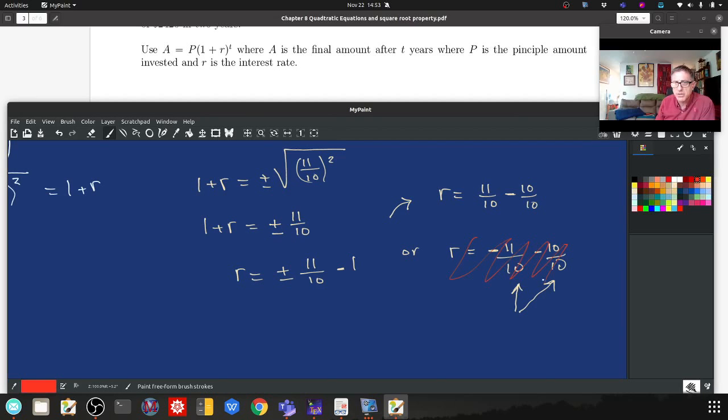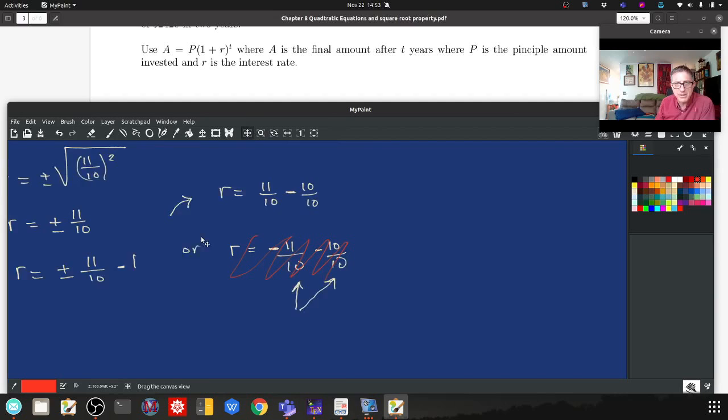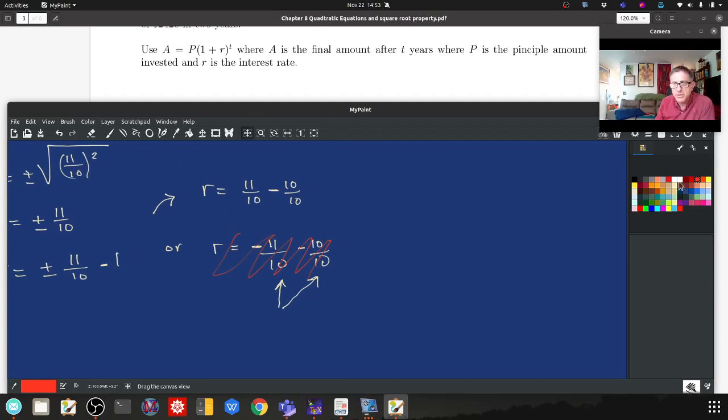Our interest rates are going to be positive. So I'm just going to look at this interest rate right here. That's the one that's going to be positive. And that's equal to 11, I have a common denominator, minus 10 divided by 10, which is equal to 1/10. So that's my interest rate.